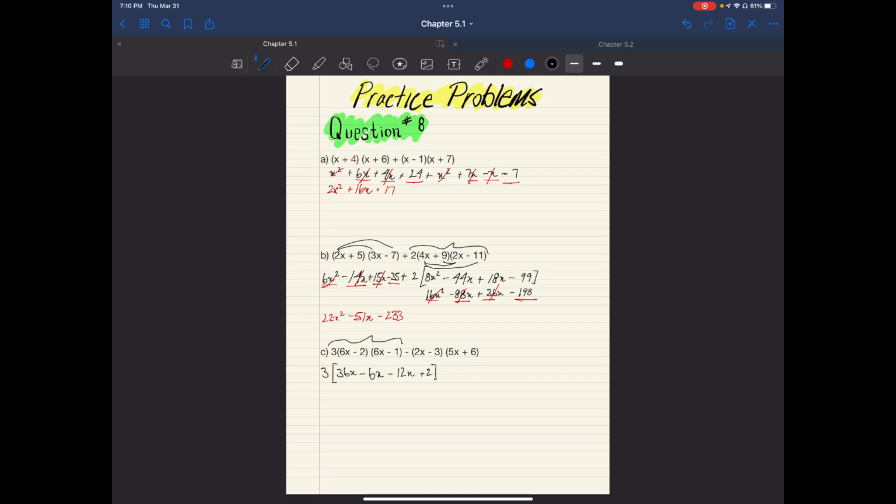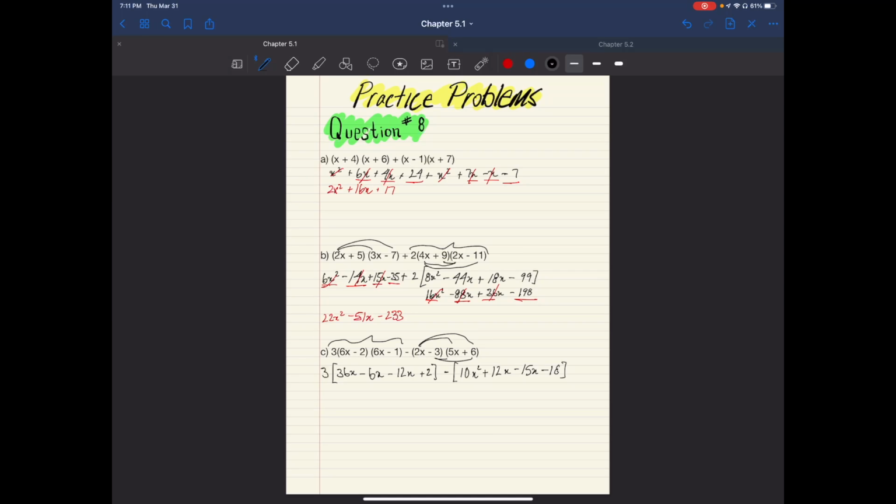And then we're going to do subtract, and we'll leave everything in brackets here. We get 10x plus 10x squared plus 12x minus 15x minus 18. We're going to add the 3 in and distribute this negative.